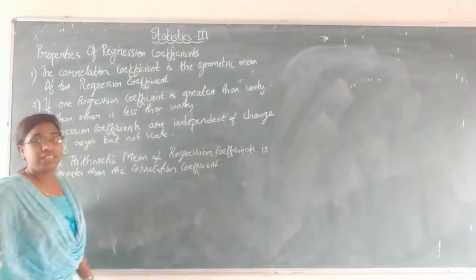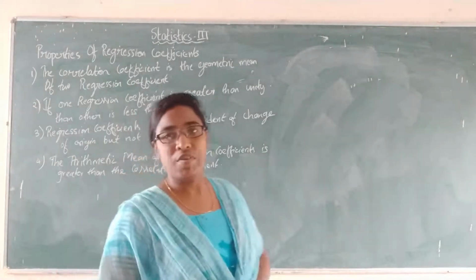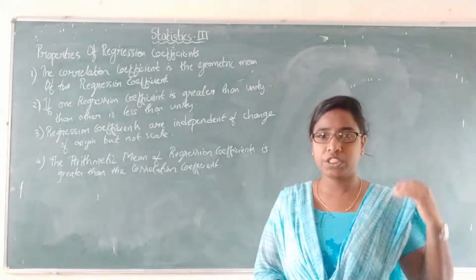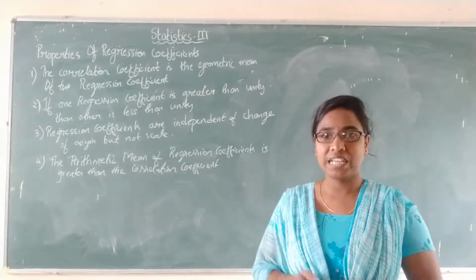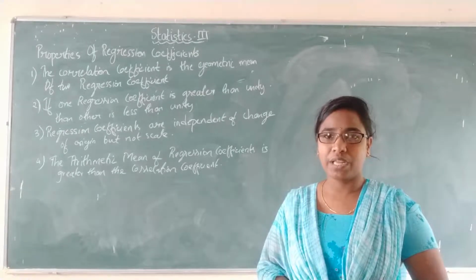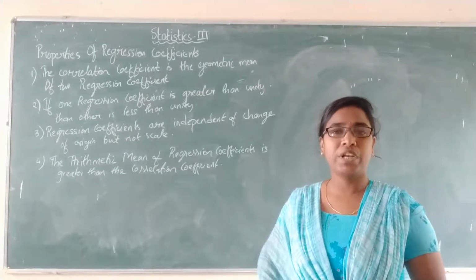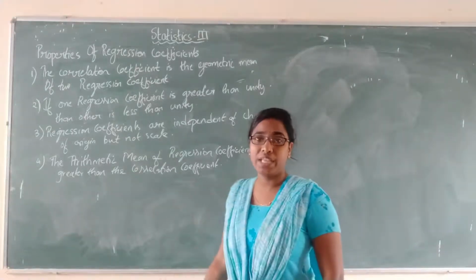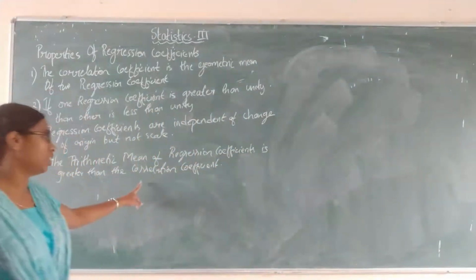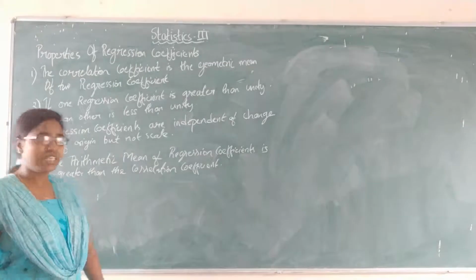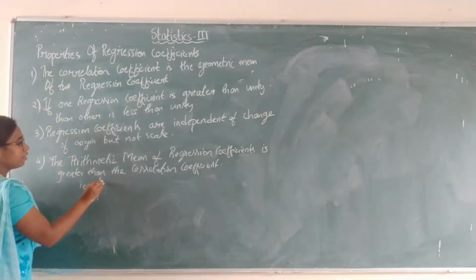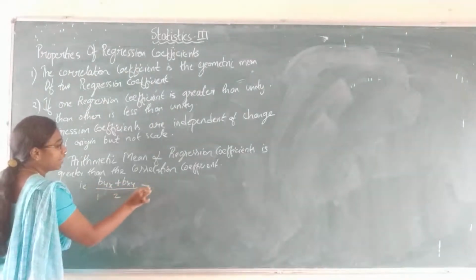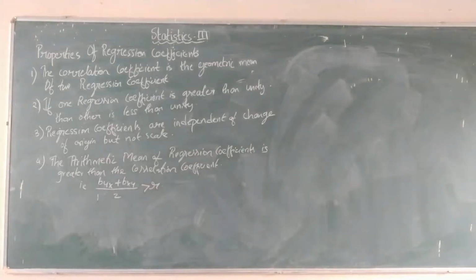Arithmetic mean is the general mean we use, that is sum of observations by number of observations. How many regression coefficients do we have? 2 regression coefficients. What are those? b_yx and b_xy. So if you add b_xy plus b_yx divided by 2, you will get the arithmetic mean. Whatever the arithmetic mean is, that answer should always be greater than the correlation coefficient. What is the correlation coefficient? It is r. That means we have to prove that b_yx plus b_xy divided by 2 is greater than r. So this is the fourth property.